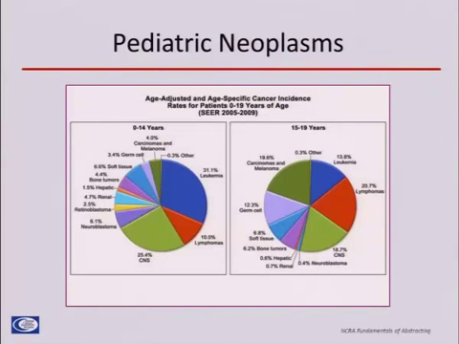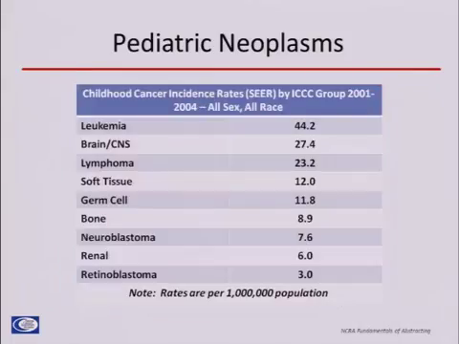But lymphomas and leukemias make up a large percentage of pediatric tumors. Leukemias, 44.2 cases per million, that's the highest number of incidents for the kids, then brain and CNS tumors, and then lymphomas. So 2 out of the top 3 is what we're looking at for kids.